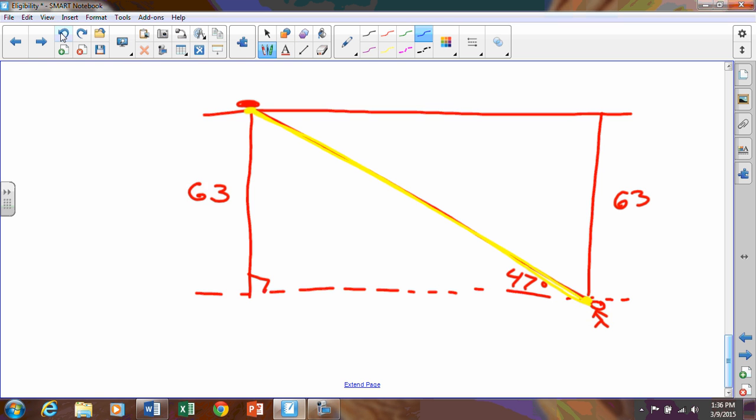For this problem, we would have to recognize we had an opposite, we had a hypotenuse, we have the angle. With opposite and hypotenuse, that tells us it's a sine problem. So we would have had sine of 47 degrees equal opposite over hypotenuse.